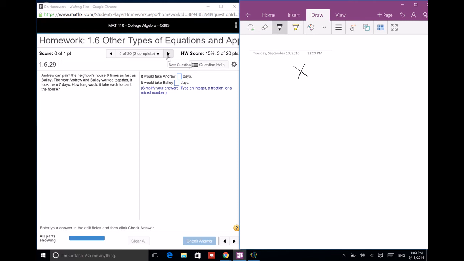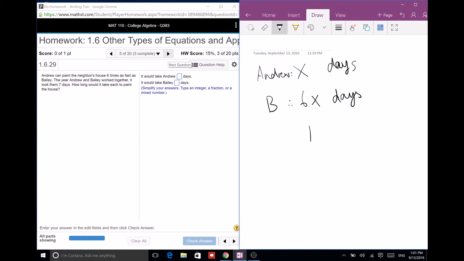Let's say there's A and B. Suppose Andrew needs to spend x days, then Bailey will take 6x days, because Andrew is faster, right? 6 times faster. Now if they work together, it takes them 7 days.